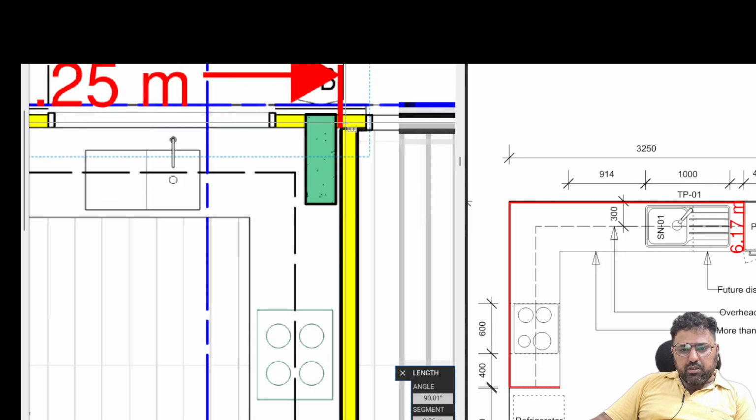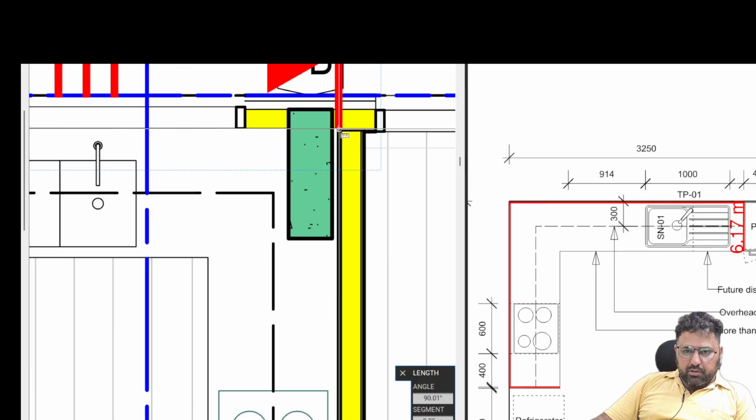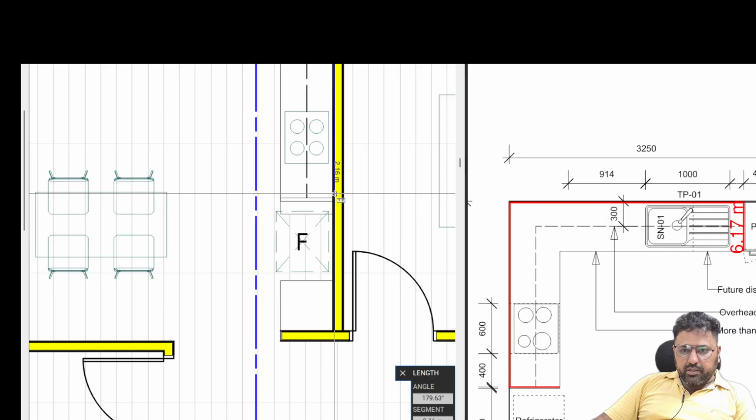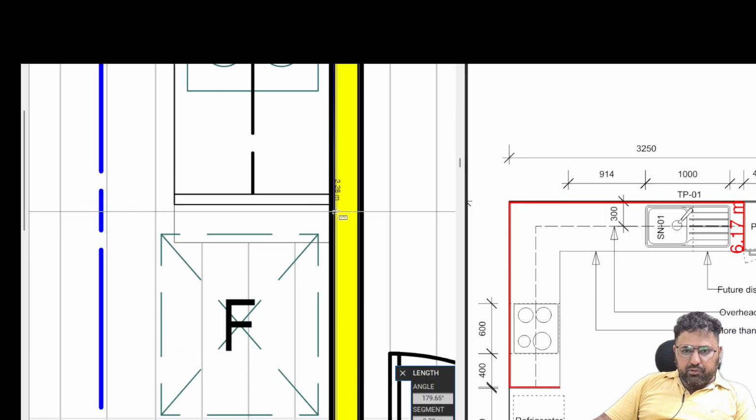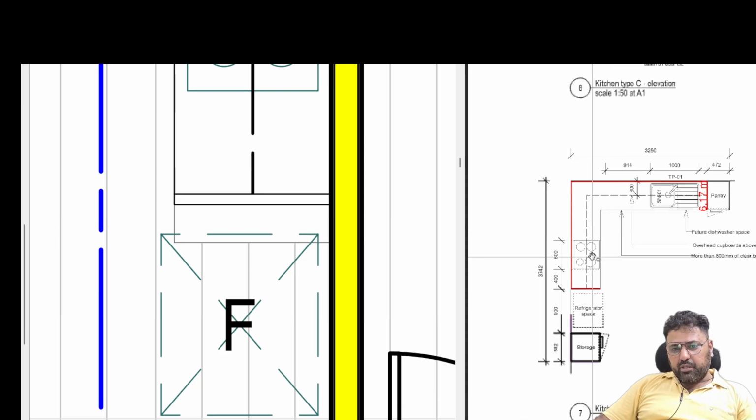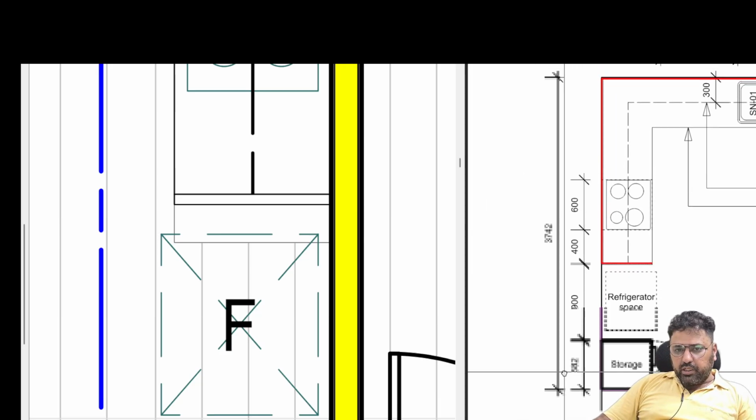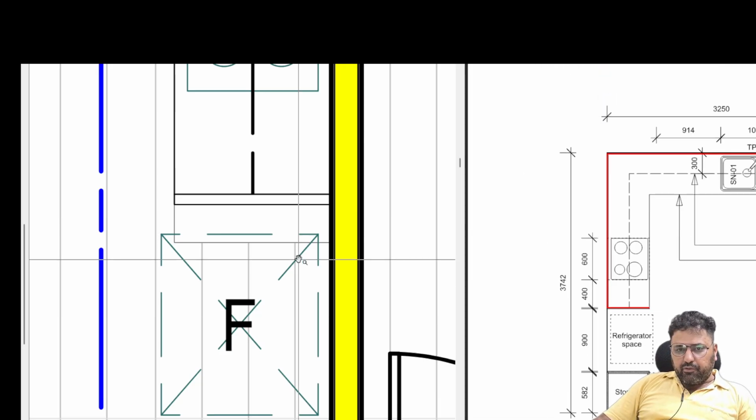Yeah, this matches. Sometimes you get confused by this. Sometimes I also get confused, but we have to cross check whether this is there or not. If you go to this place here, your total is 3742.